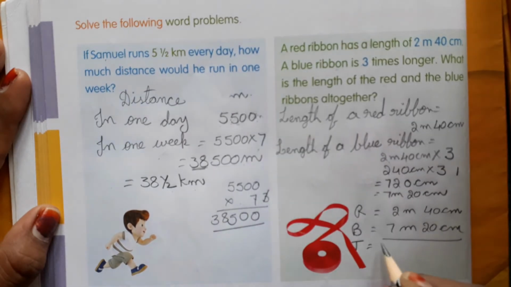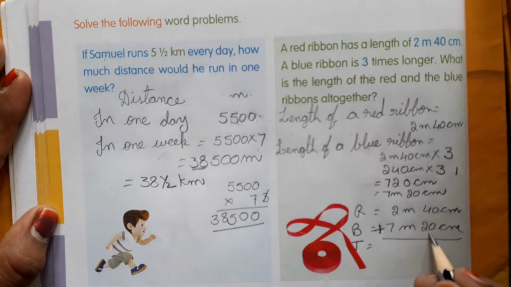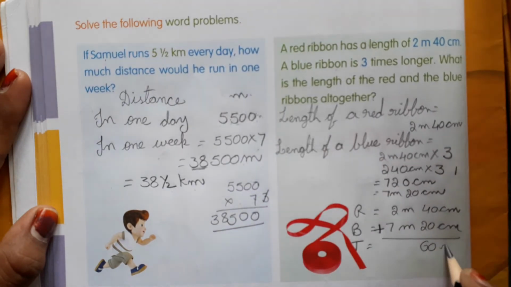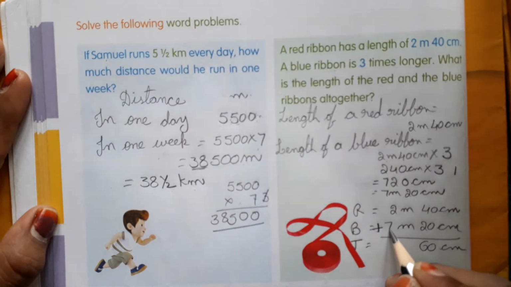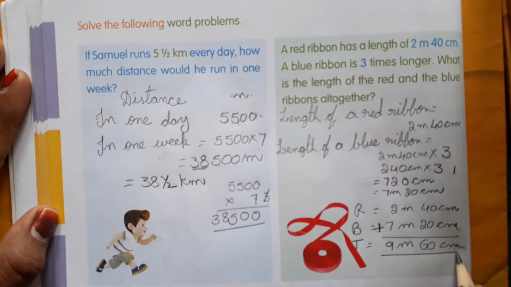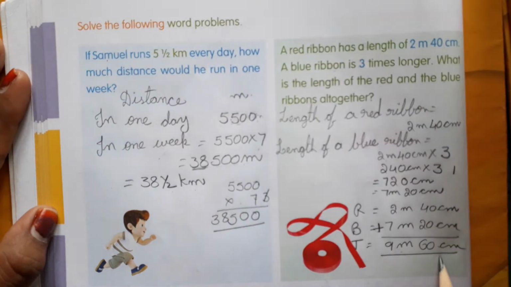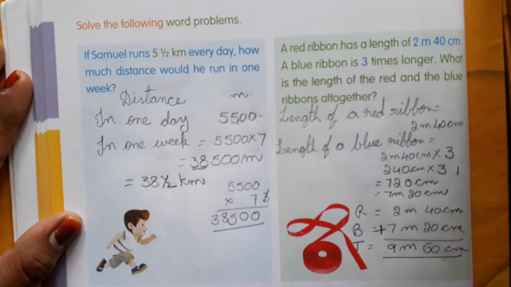Now find the total. Total means addition. So 40 plus 20, 60 centimeters. 7 plus 2, 9 meters. So the length of the red and the blue ribbons is 9 meters 60 centimeters.